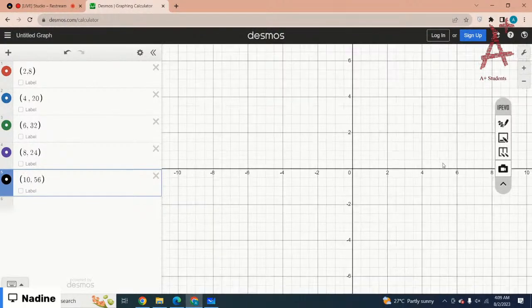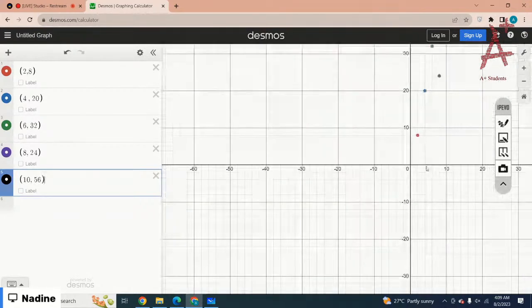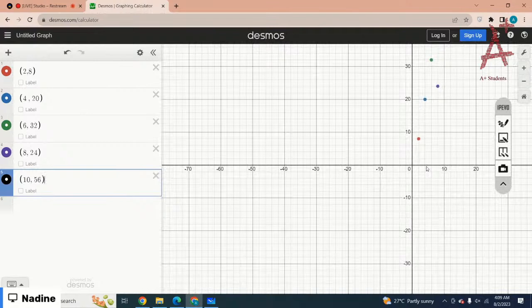So you can see here are the points on the graph. But you can see the points don't make a straight line, right?